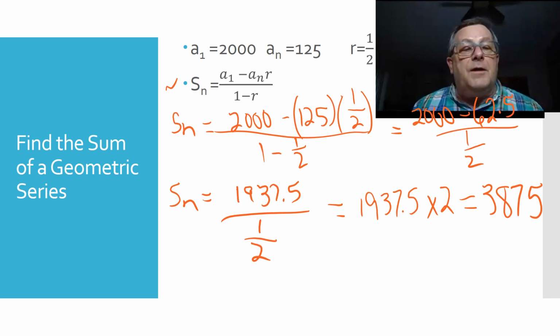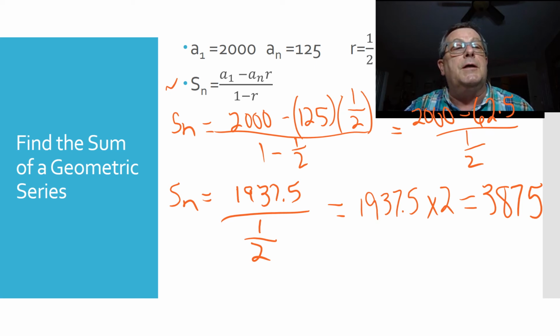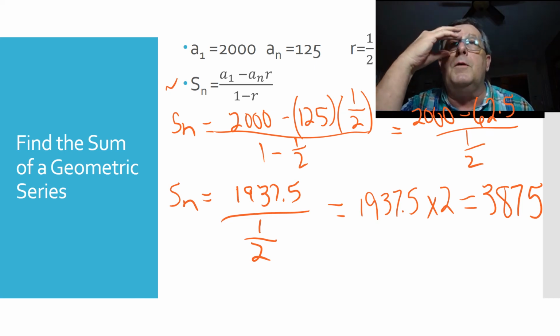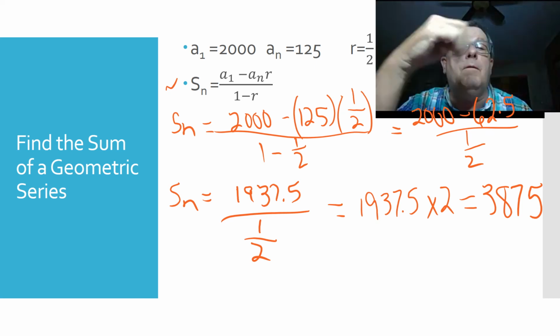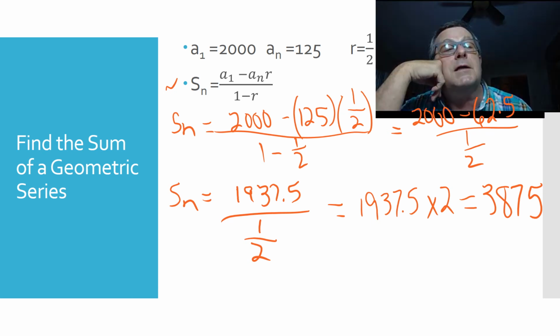Shazam! We found the partial sum of a geometric series. Now we're going to look at an example in a moment using sigma notation. You may recall, well, I'll just get into all that in the next video.